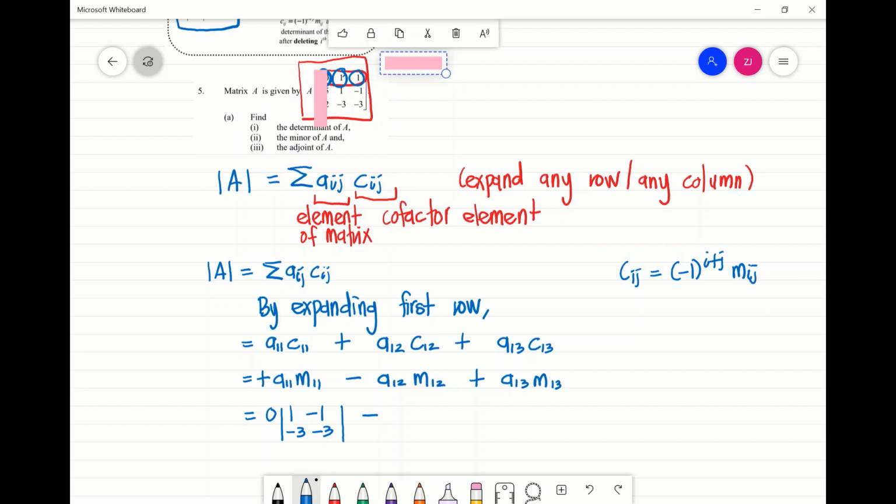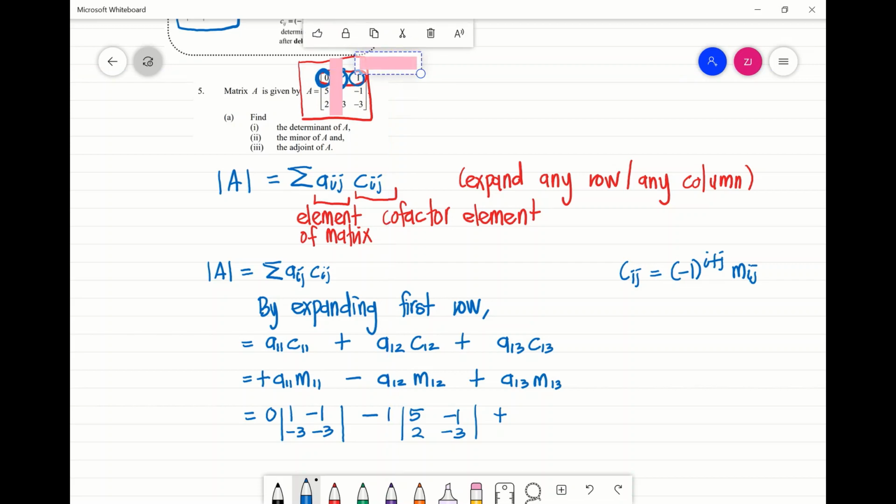A12 is here, its element located in the first row and second column, so we write down 1. Then how to find the minor? We close the first row and second column, so we will get the elements remain 5, -1, 2 and -3.